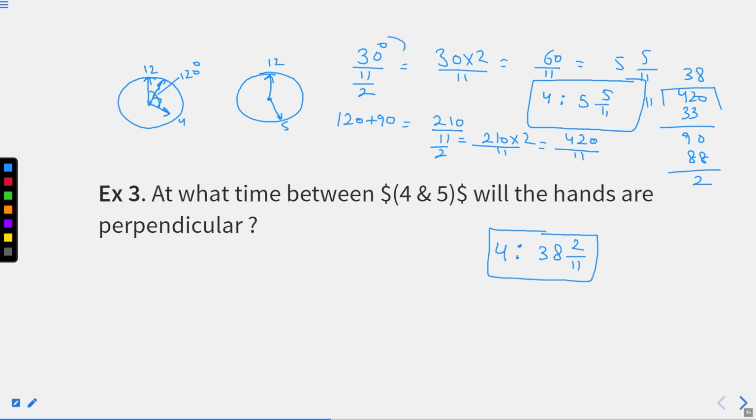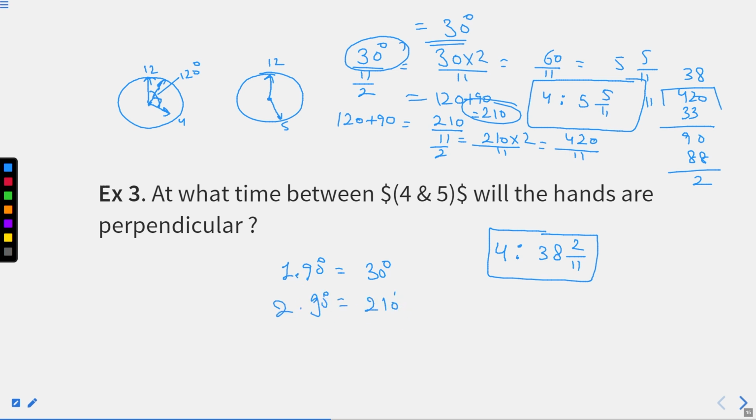At first, we are supposed to cover how much? Initially, we are covering 30 degrees. Here we are covering 120 plus 90, which comes out to be 210 degrees. So the first 90 degree will come at 30 degree distance. The second 90 degree will come at 210 degrees.